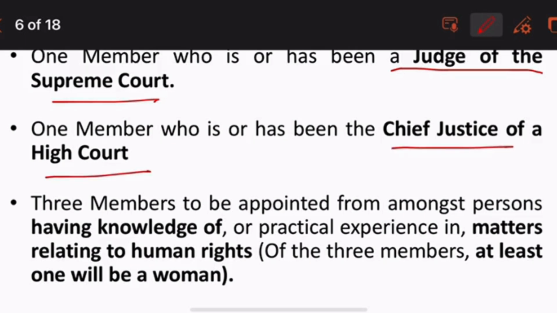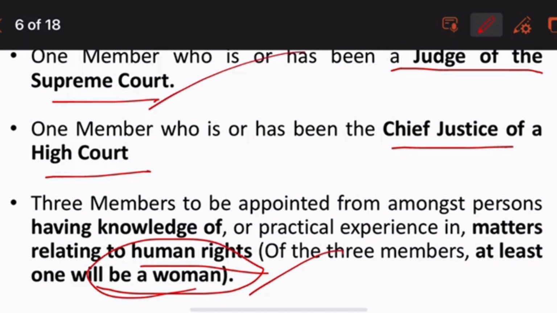And 3 members are to be appointed from persons having knowledge or practical experience related to human rights. Out of these 3 members, at least 1 should be a woman. This is the criteria.